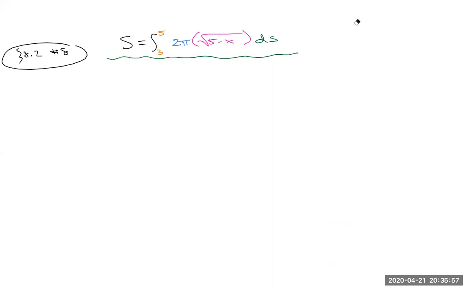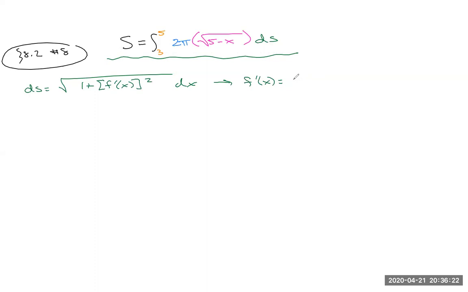Okay, so now is the really messy part for this particular problem. It's finding ds. Remember that square root 1 plus f prime of x squared dx. So off to the side, f prime of x. Remember, that's going to be y prime.